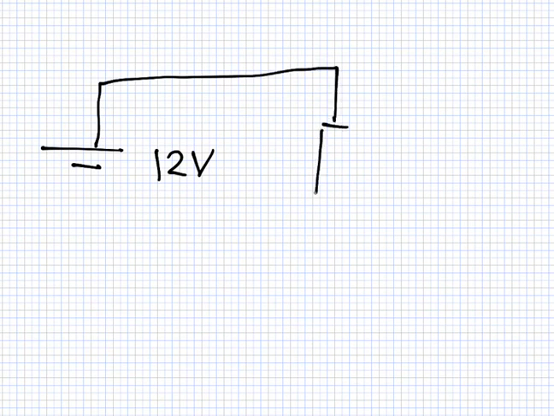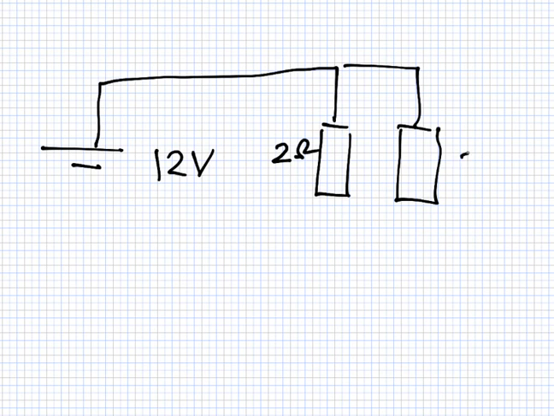So let's take this one here. We have 12 volts, and we have one resistor, we have another resistor. And this is 2 ohms, and this one here is 2 ohms.